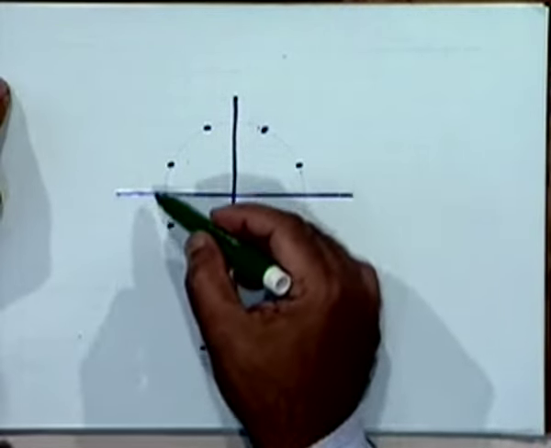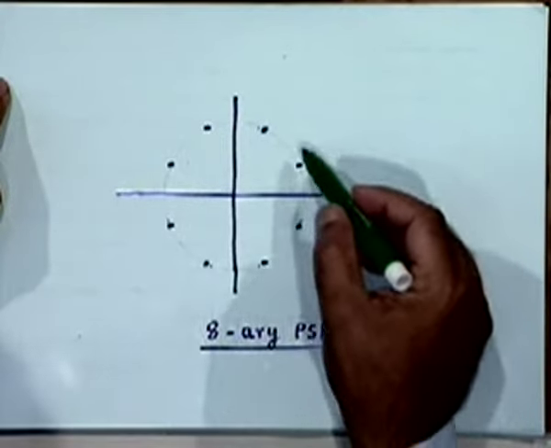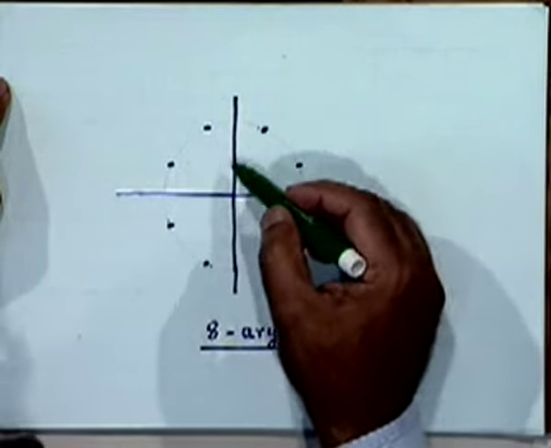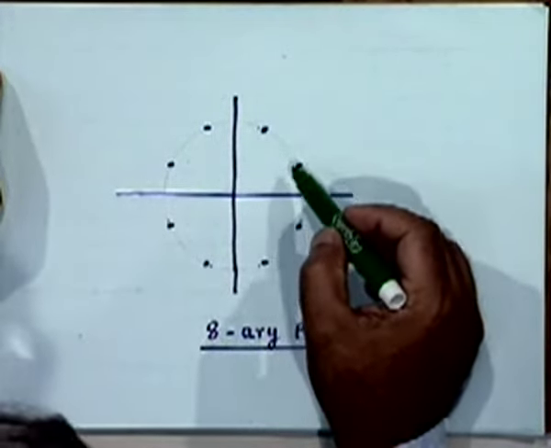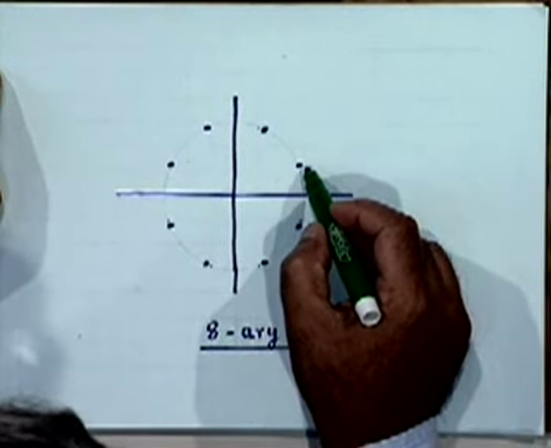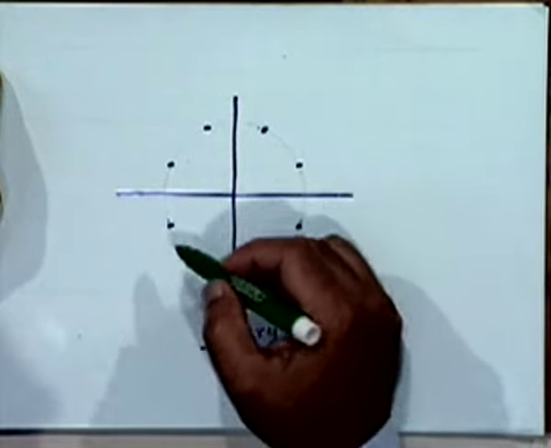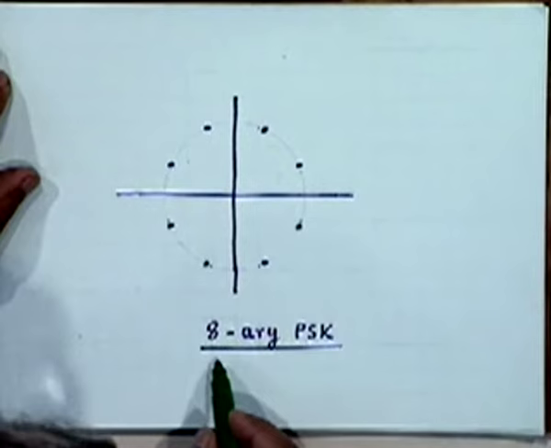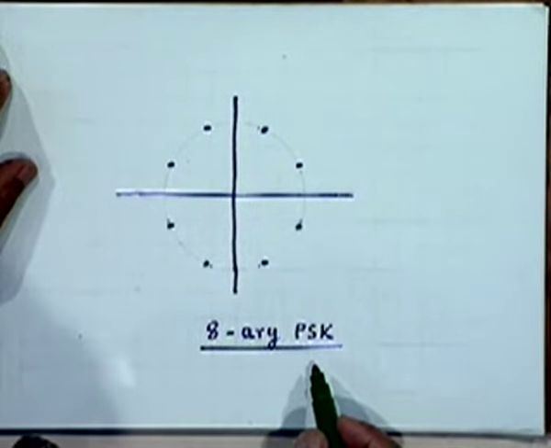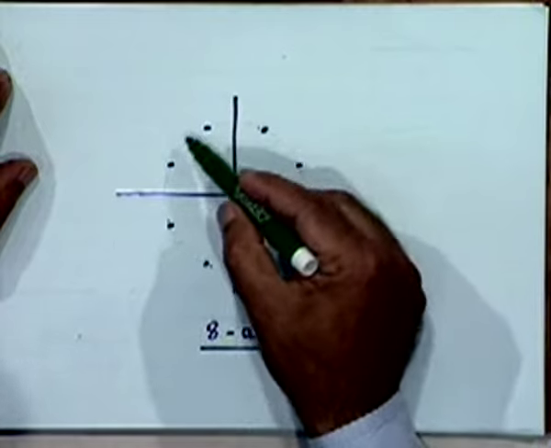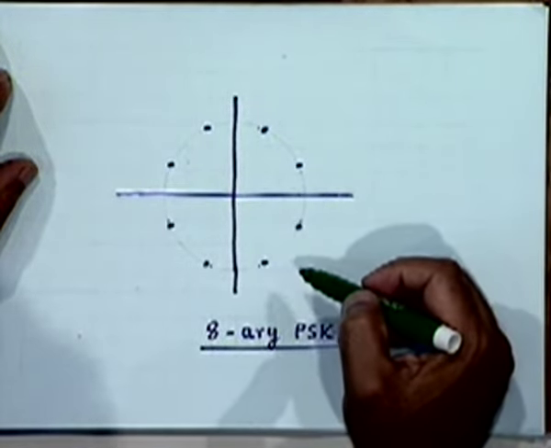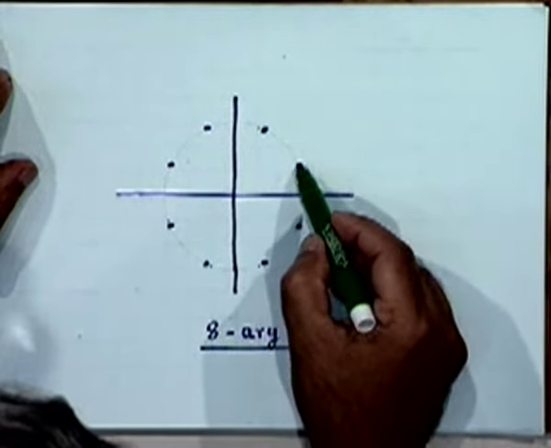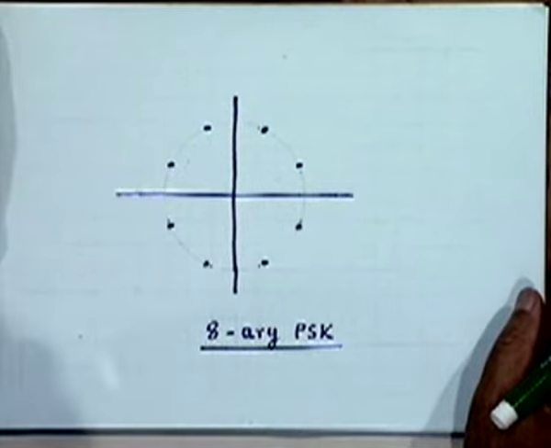For example, I could choose 8 points which lie on a circle, equally spaced in angle on the circle, and I could represent a sequence of 3 bits by these 8 points, right, depending on the different values of these 3 bits, in which case I'll have an 8-phase PSK or 8-array PSK, because again in this constellation the amplitude remains constant and there is only a phase fluctuation, right, and the phases are equally spaced.